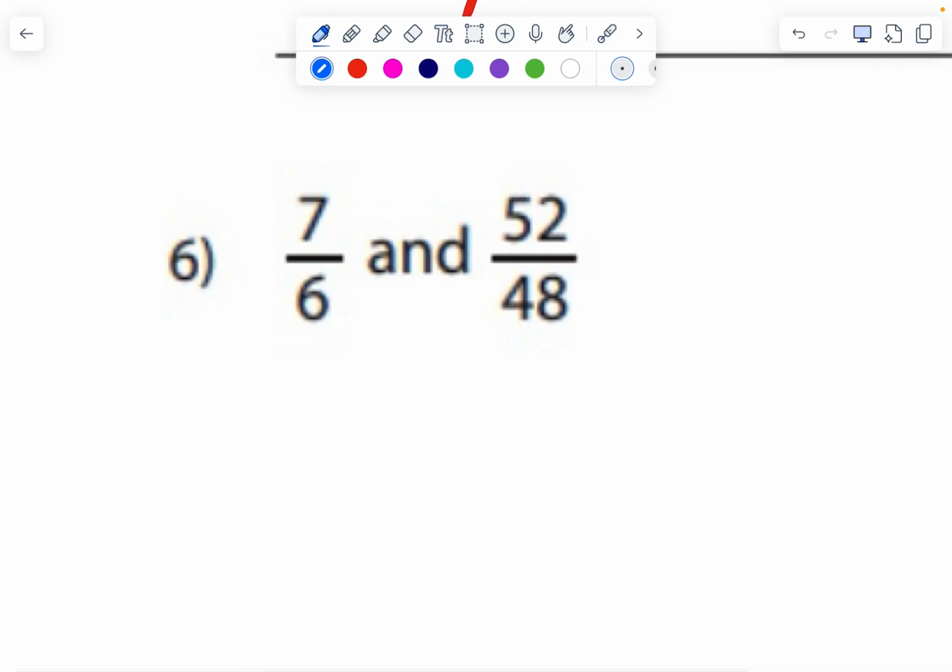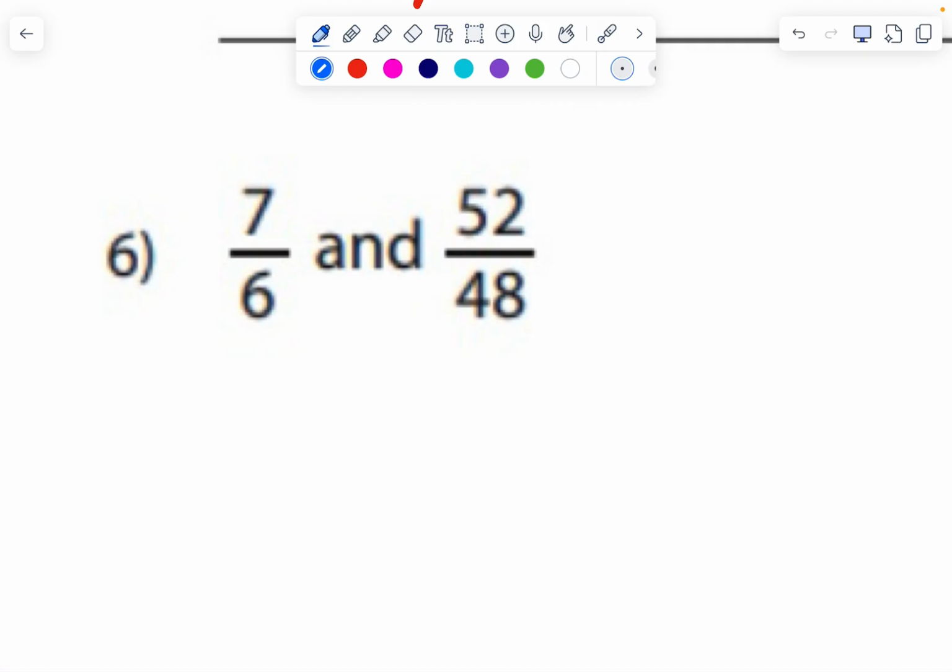What are you going to multiply 6 and 48 by to make the denominators the same? You know what I mean? It would be a little bit of a pain. Not that it's not a good strategy, just probably harder to think through versus just dividing them, right? 8 by 8. Good. So maybe it wasn't that hard.